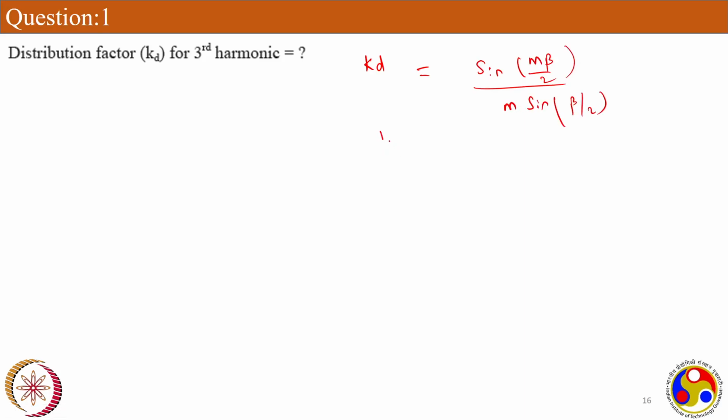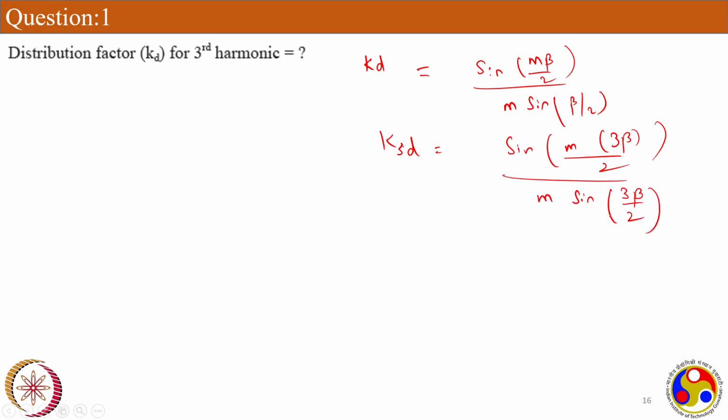For a third harmonic, it is sine m 3 beta by 2 over m sine 3 beta by 2. So m and beta we already calculated. m is nothing but slots per pole per phase.